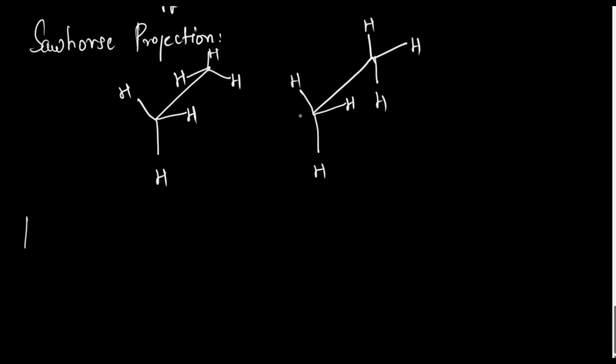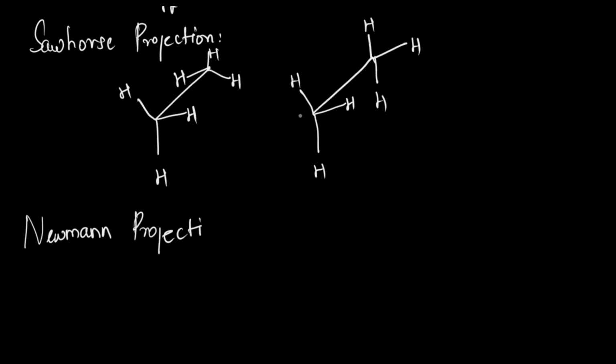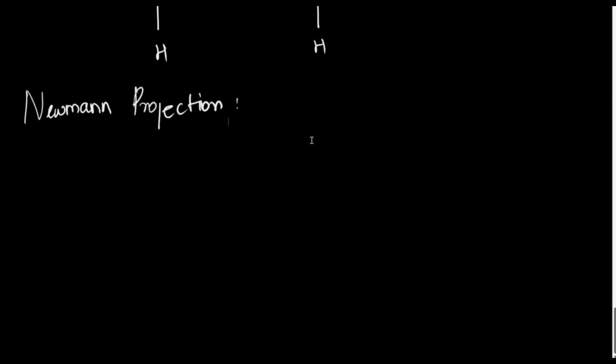The final projection is Newman projection, which is like a man standing over here, representing the front carbon and the back carbon.